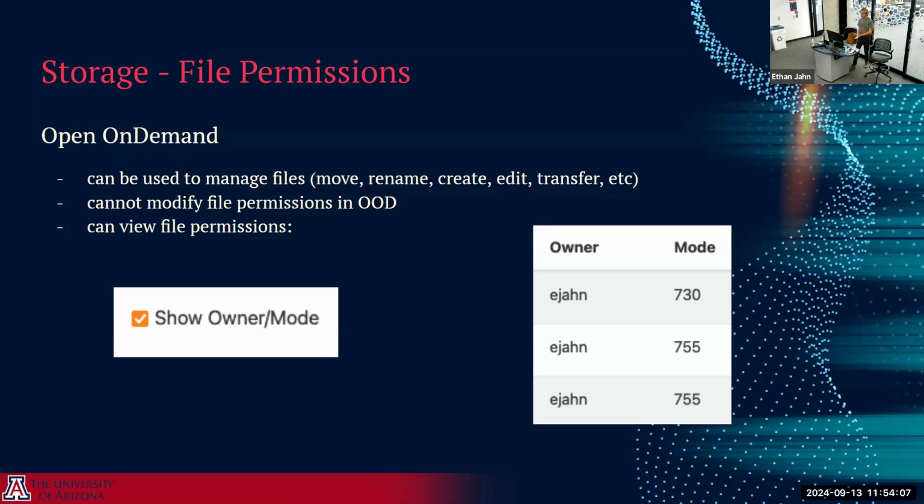If you go onto Open OnDemand and click that Show Owner Mode button, here's an example of what it reveals. Under Mode, you have those octal codes that we were talking about. So if you want to know what the particular set of permissions is for a particular file when you're looking at Open OnDemand, it's only going to give you these octal codes.